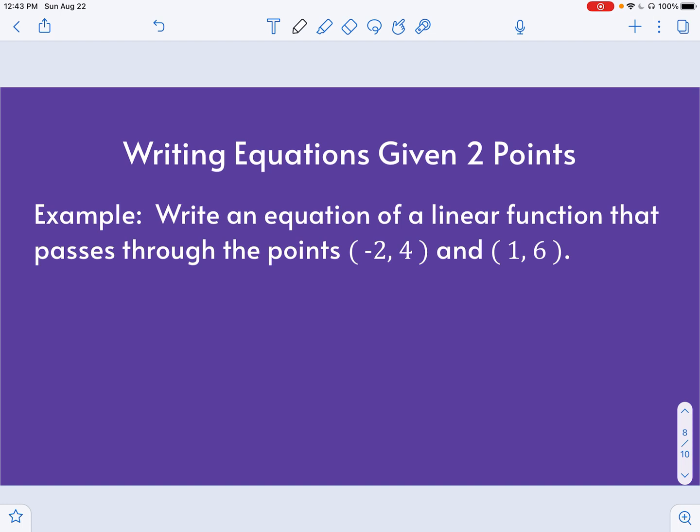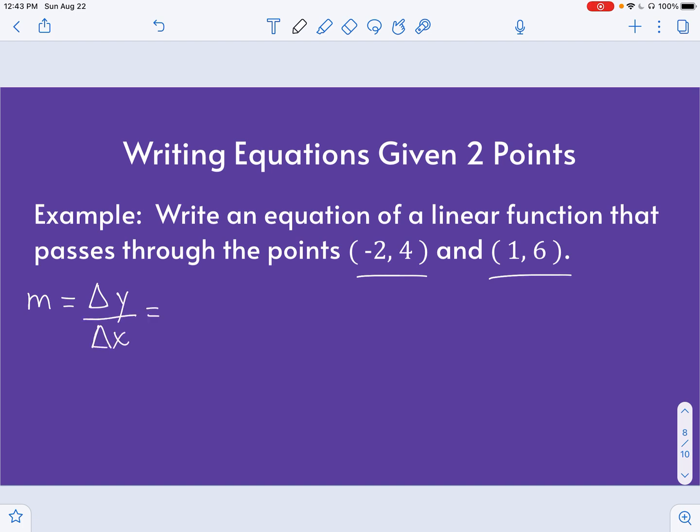So this is very similar. In this problem, you're given 2 points instead of a point and a slope. And so in order to write an equation, no matter the form, you've got to know that slope. So the first thing we're going to do is find slope. And if you remember from Algebra 1, slope was always change in y over change in x.